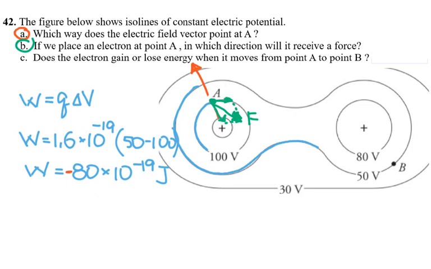And let's talk about whether it gains or not. Because it is an electron, it does not want to move away from the positive charge. The electron wants to move toward the positive charge. So if we move it to higher potential, away from the positive charge, it gains potential energy, because the farther you move it away, the more potential energy it has.